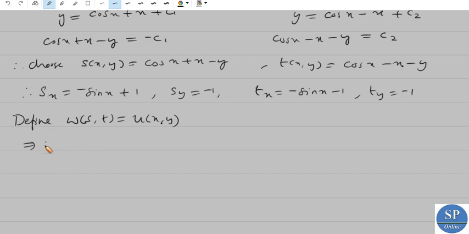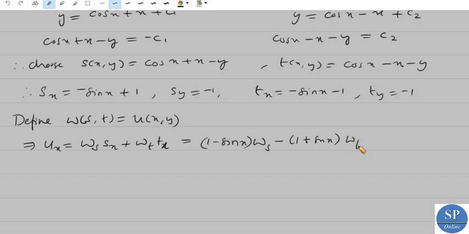First u_x is equal to w_s s_x plus w_t t_x, which is equal to (1 minus sin x) w_s plus (minus 1 minus sin x) w_t.